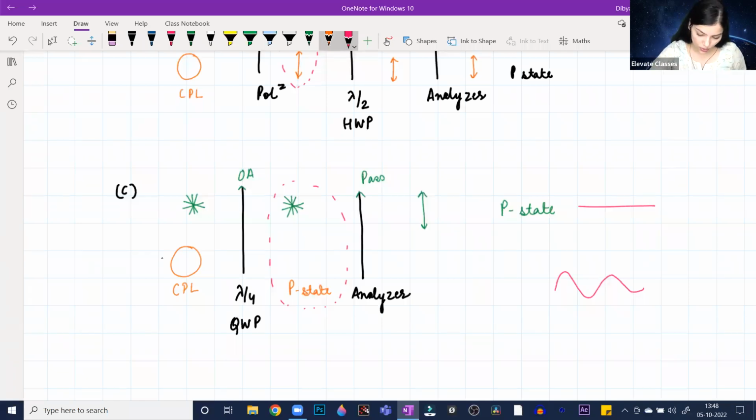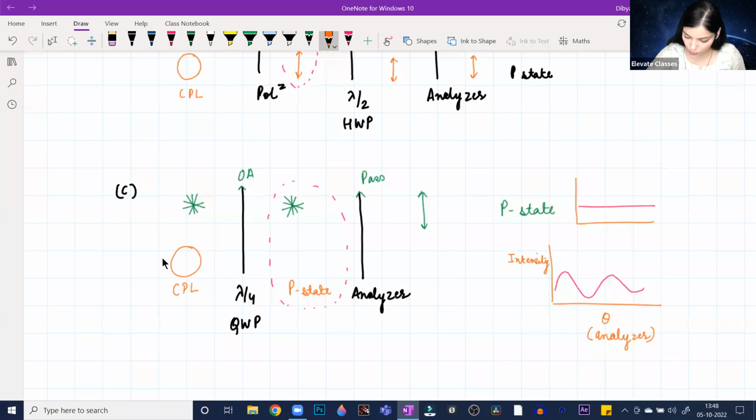Okay, so ये P state analyzer के बाद भी मतलब analyzer के angle के साथ vary करेगी. And basically what is this curve I'm showing you? I'm showing you this theta of the analyzer, that I'm varying the theta of the analyzer, and this is the intensity. You remember we did a question like that. So the same curve for this is the final P state it will form, but इसके लिए क्या होगा?